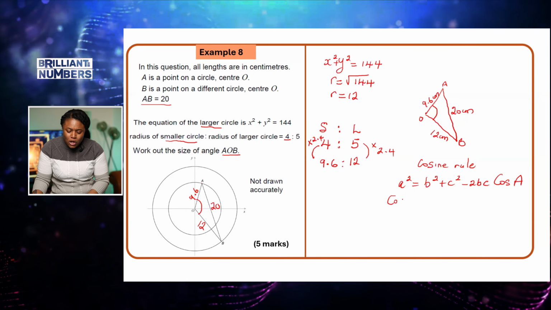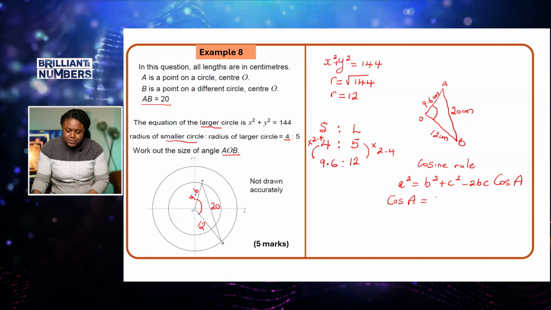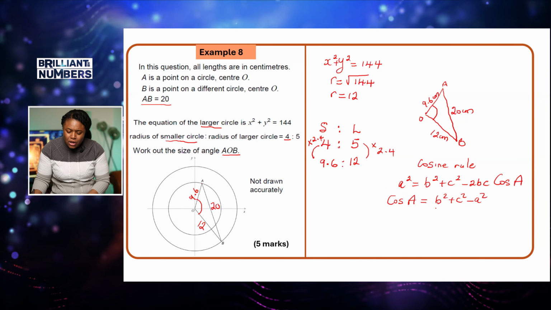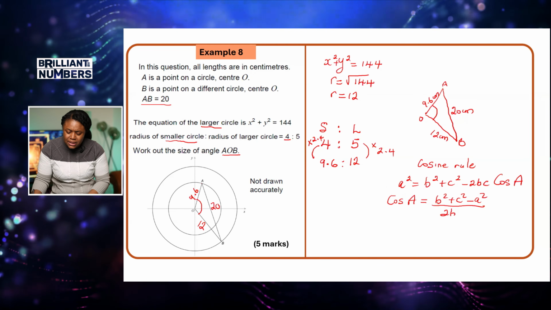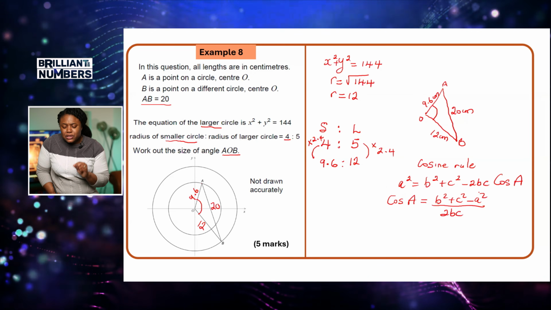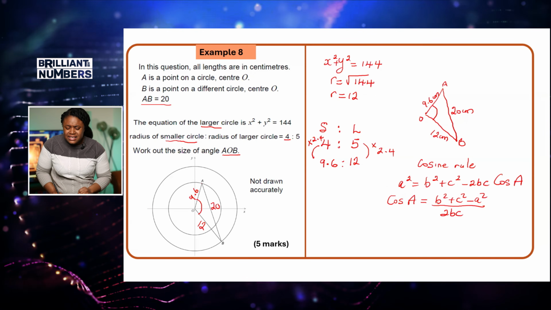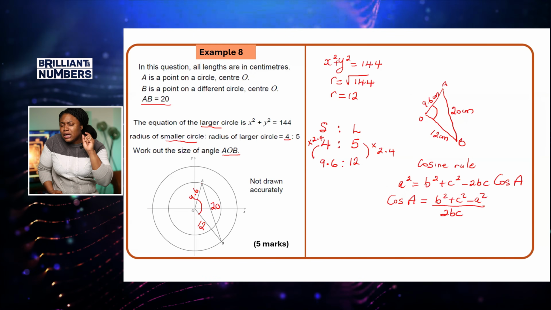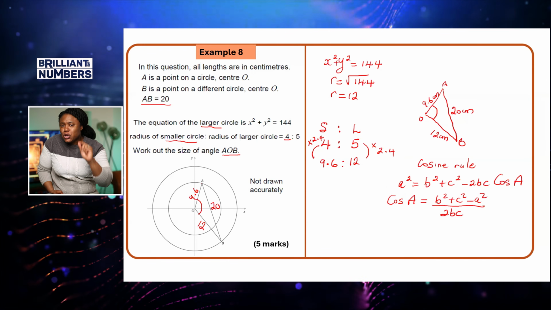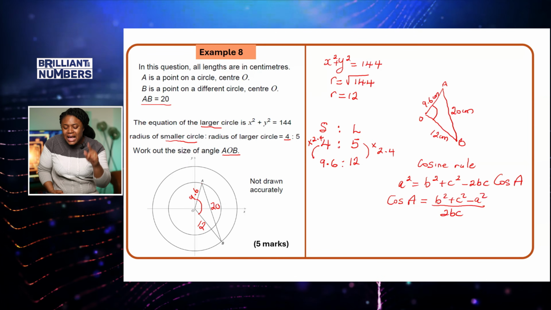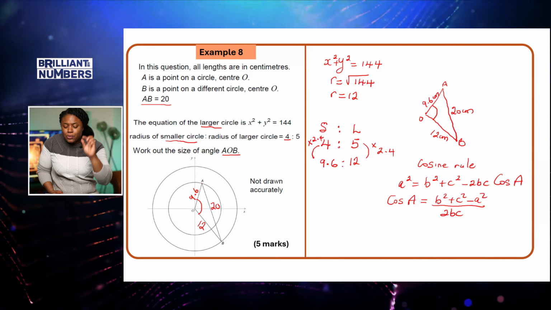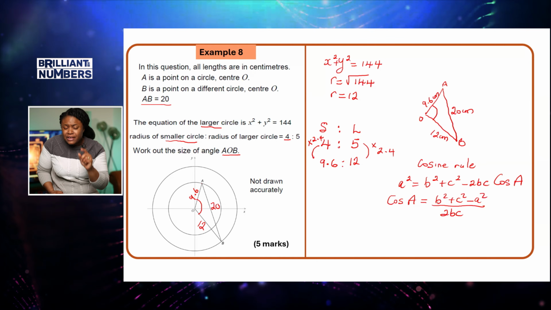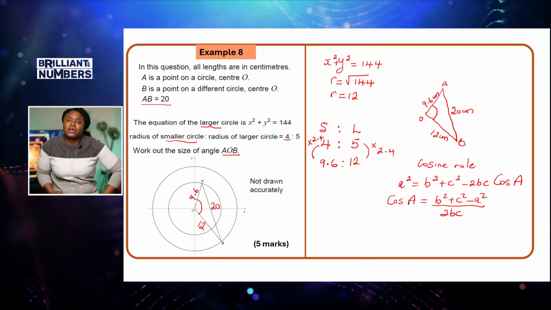So cos A is equal to b squared plus c squared minus a squared, divided by 2bc. Make sure you know this because it's so much easier to navigate here. Another thing I should be thinking, if I'm finding an unknown angle, at some point the inverse function has to be in focus. Remember to check your calculator and make sure it's on degrees. If it's not on degrees, you're not going to get the correct answer.